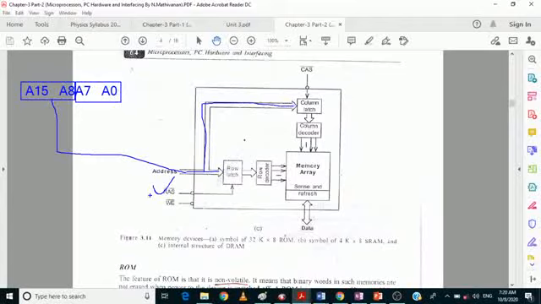But as we enable the row address strobe signal, this latch receives the information from the address bus, and the other latch is disabled because we are not enabling the CAS signal. We just enable the RAS signal. After some time, with the help of the RAS signal, the information is further moved into the row decoder.